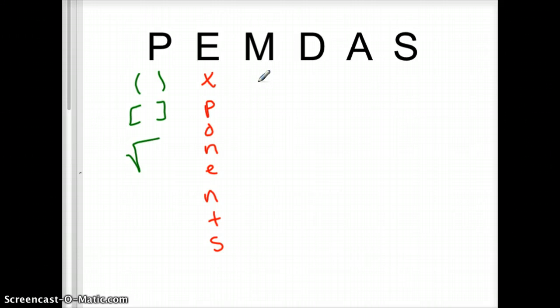Next in line, I'll just use the symbol, we would either have multiplication or division. And the reason I kind of bundled them together is because the M, multiplication, does not have to come before division. It's just whatever comes first when you work left to right.